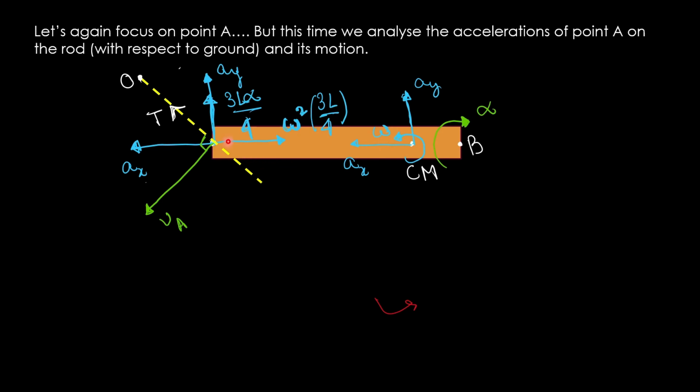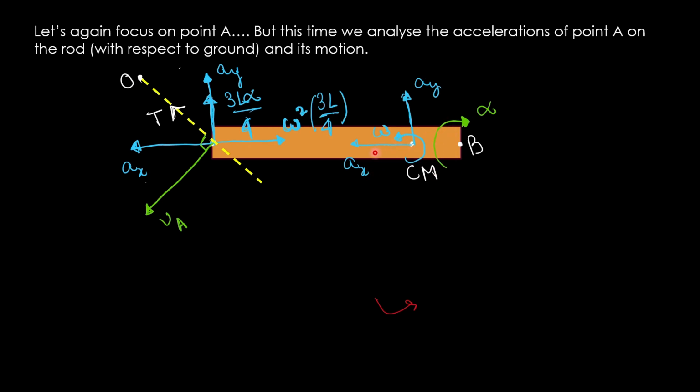Since point A with respect to the center of mass is moving in a circular motion, and the rod is rotating with angular speed omega, we have learned that there will be a centripetal term, or a pseudo force, whenever we are analyzing the motion of point A with respect to the center of mass. There will be a term of omega square 3L by 4, right? So that is why this omega square 3L by 4 term is coming, as well as since there was an angular acceleration alpha.